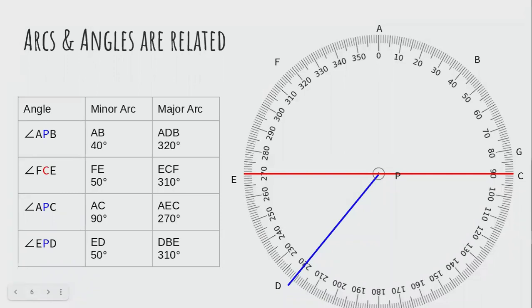Is it a central angle? Is it an inscribed angle? Is it a semicircle? And then let's determine its measure, and then the major arc and the minor arc.